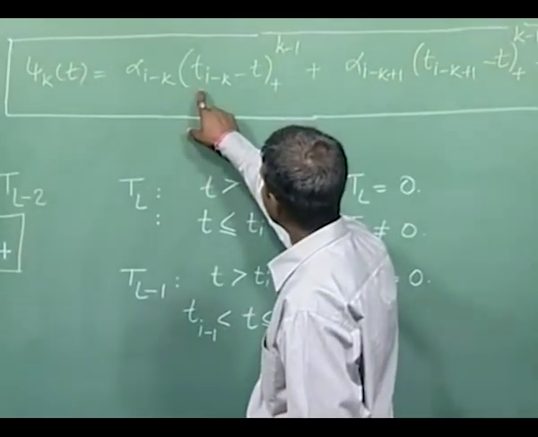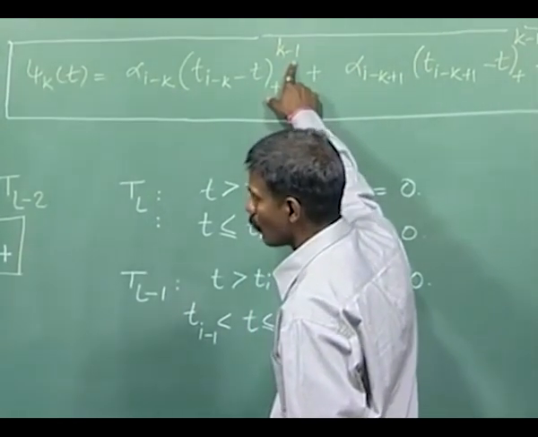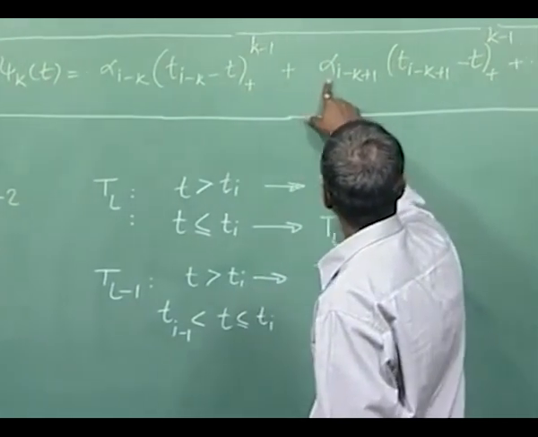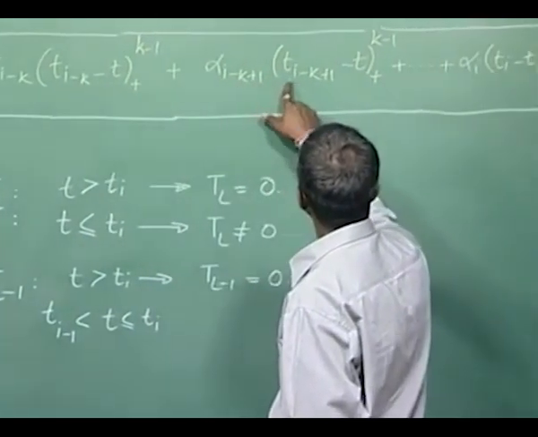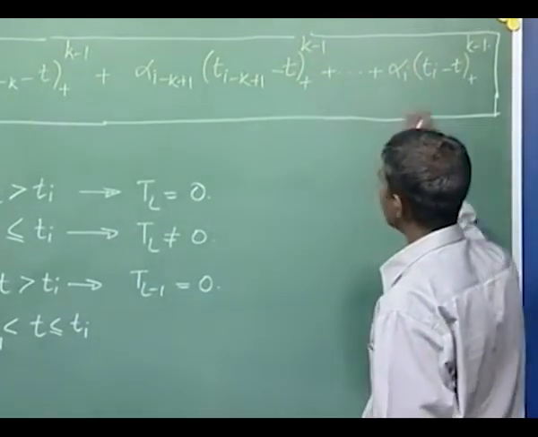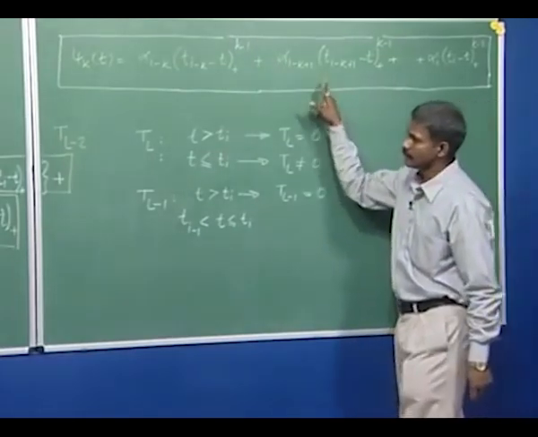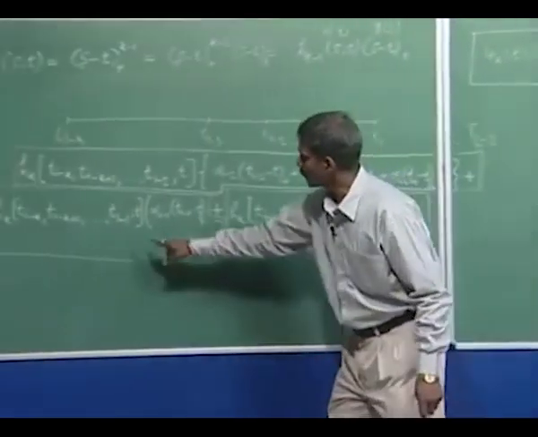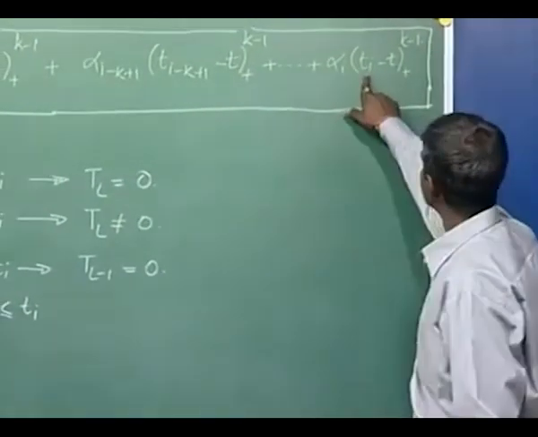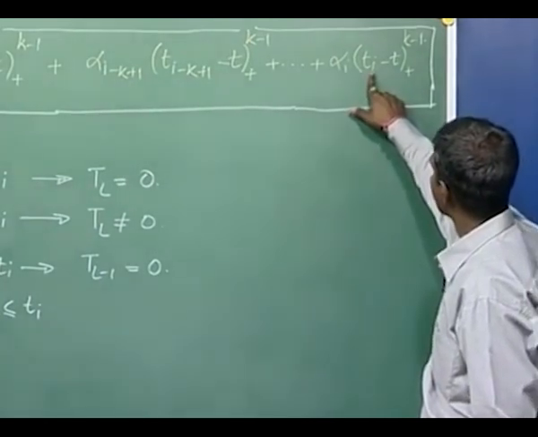It will be a linear combination of terms like (t_{i-k} - t) truncated raised to k-1, plus alpha_{i-k+1}(t_{i-k+1} - t) truncated raised to k-1, and so on and so forth. Now, when you place the last knot as t_{i-1}, this is t_{i-1} right here. Change this index to i-1.